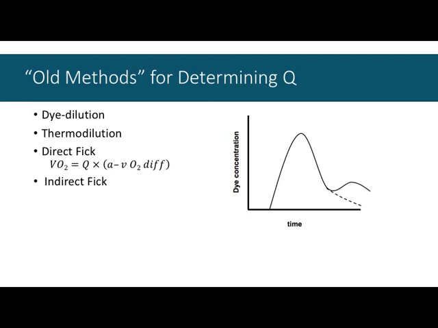And so before I infuse or inject the cold saline, it's reading body temperature, 37 degrees. As soon as I inject the cold saline, all of a sudden this starts to read a lower value, lower than body temperature.